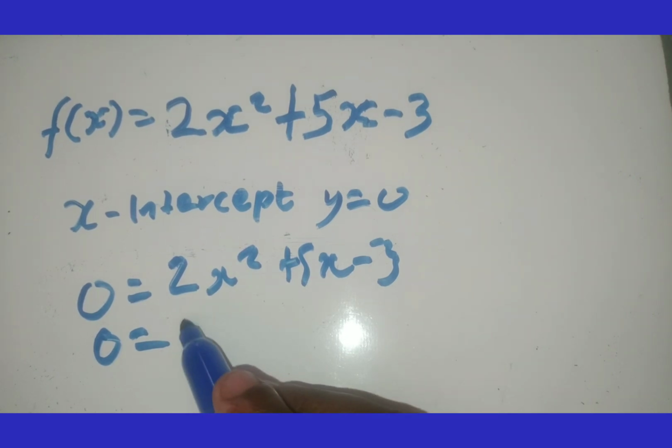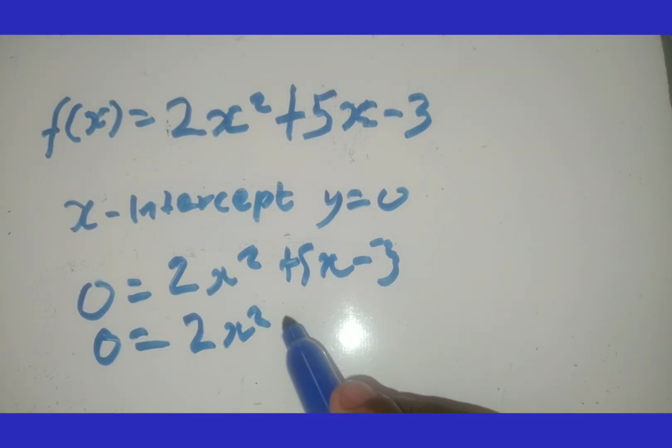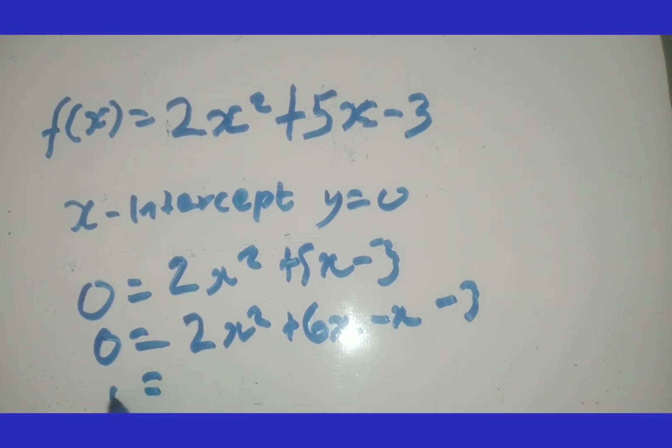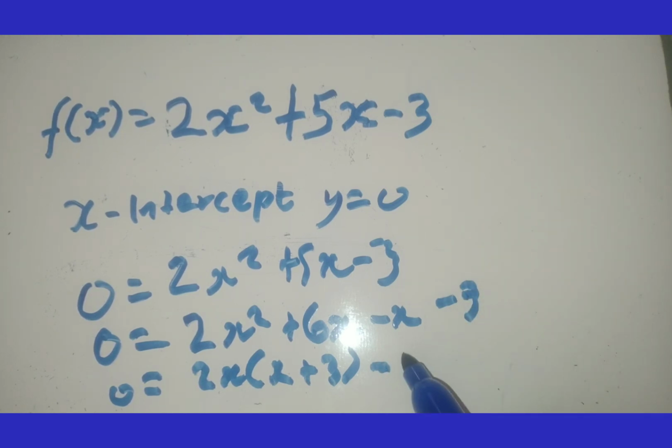Then this is going to be 2x squared plus 6x minus x minus 3. And then this is going to be 2x, then x plus 3, and then minus 1 times x plus 3 as well.